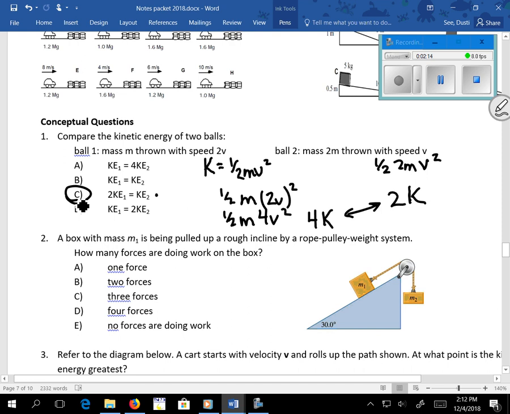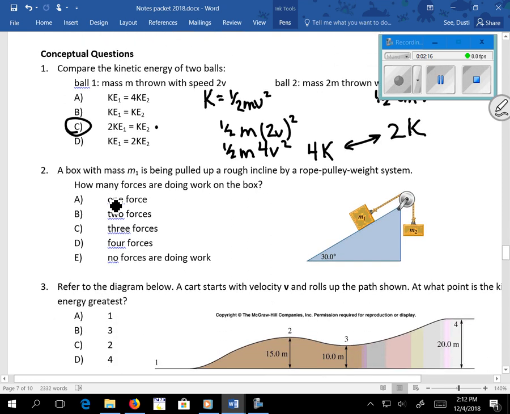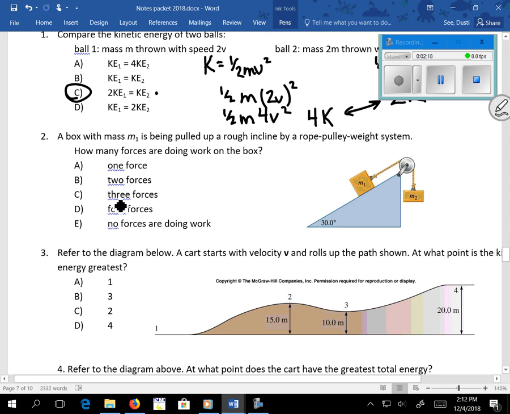All right. So next question. We have a box with a mass of m1 being pulled up a rough incline by a rope pulley weight system, so an Atwood's machine on an incline plane. How many forces are doing work?